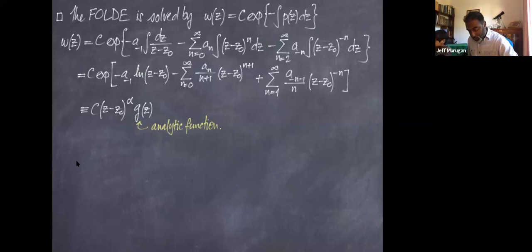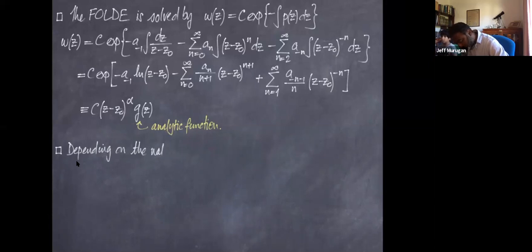Okay, so let's look at the structure of the solution. Depending on the nature of the singularity in P of Z, I'm going to have different forms of the solution.